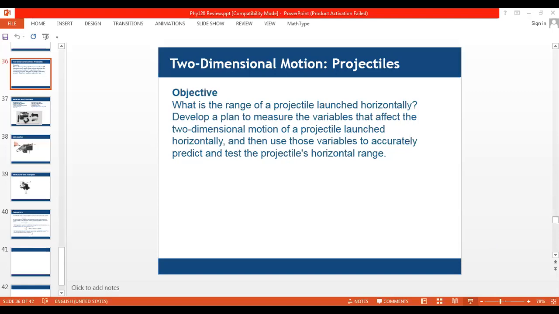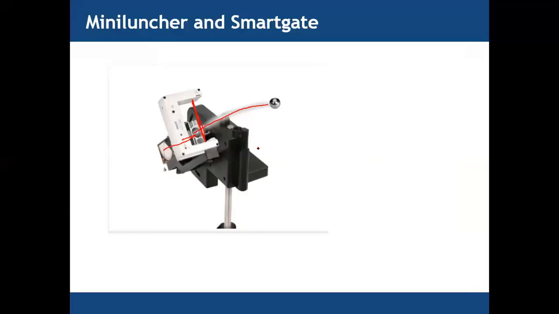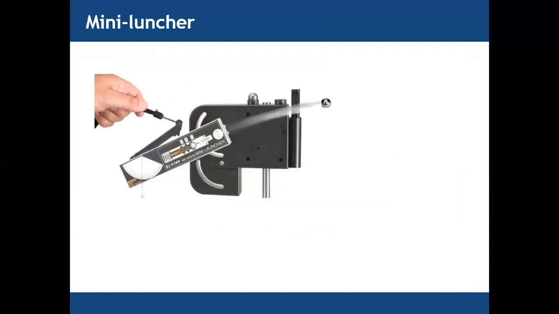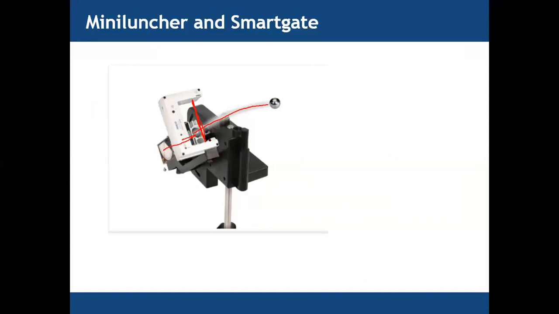For the mini launcher, we need a stand. This is a steel bar, and this one is the smart gate. The smart gate is also connected with the laptop, so it will record the velocity. You can see the speed of the projectile motion.